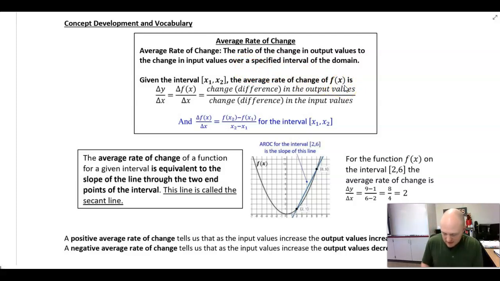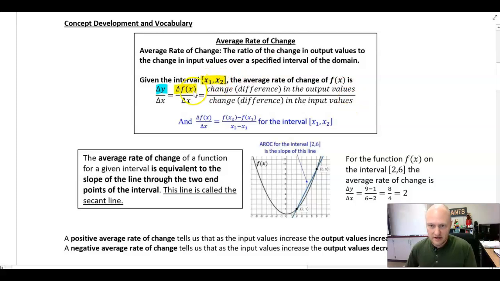They're going to give you a domain. They're going to say given an interval, and here we see from x1 to x2, the average rate of change of f of x is, remember, your delta y over your delta x. So you may see in terms of y, but if you don't have these values, they give you a function. You can go ahead and plug in your interval.